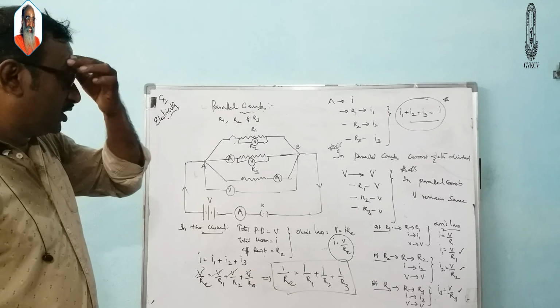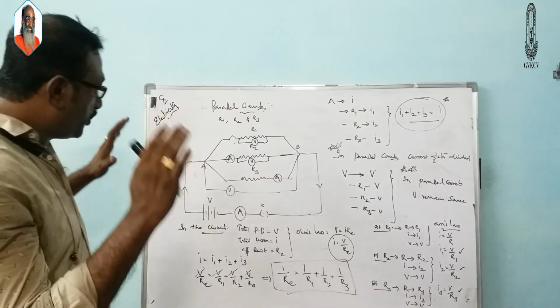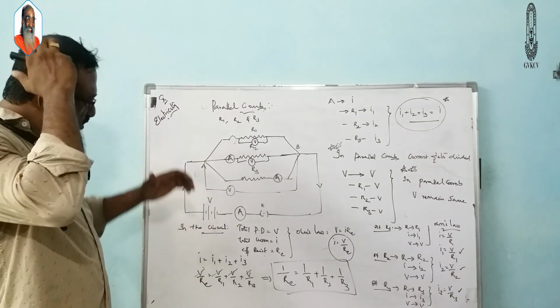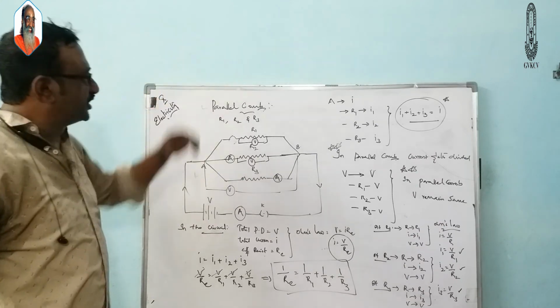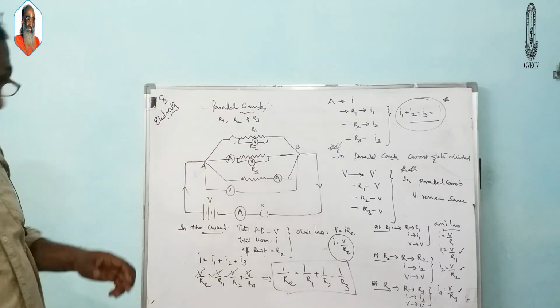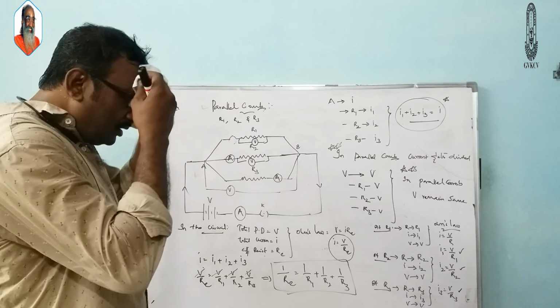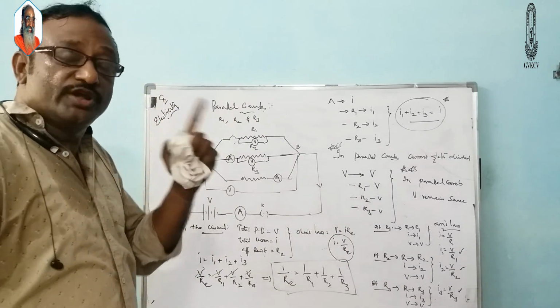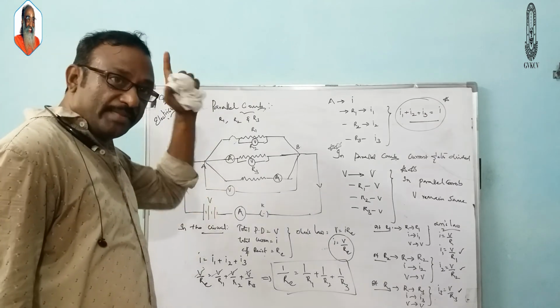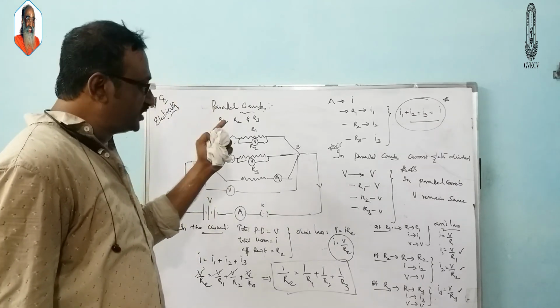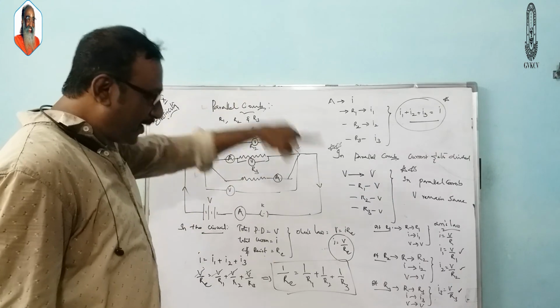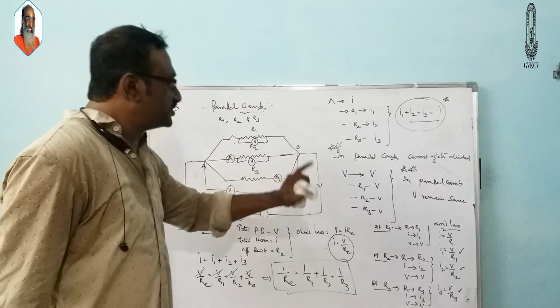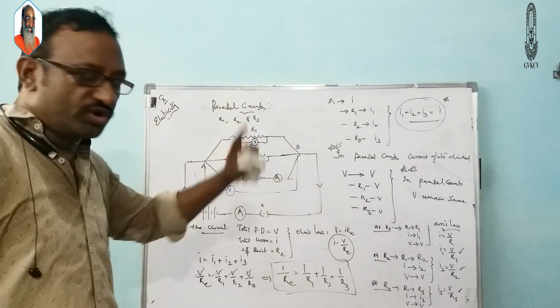The important thing to keep in mind is that in the series combination, we understood that I remained the same and V got divided. In the parallel combination, V remained the same and I got divided. That's the only difference here.